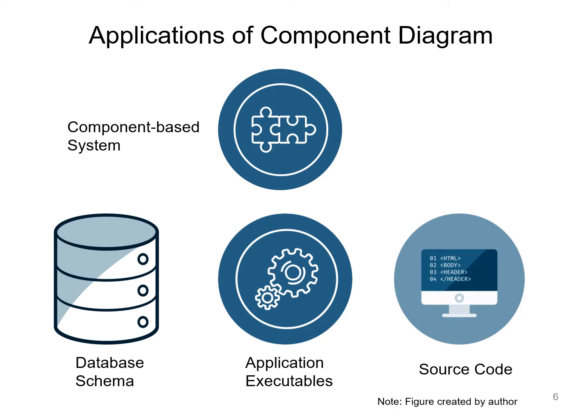Executables are constructed using component diagram with forward and reverse engineering. But yeah, main purpose is to visualize, specify, and document the high-level implementation details of different components in a system.